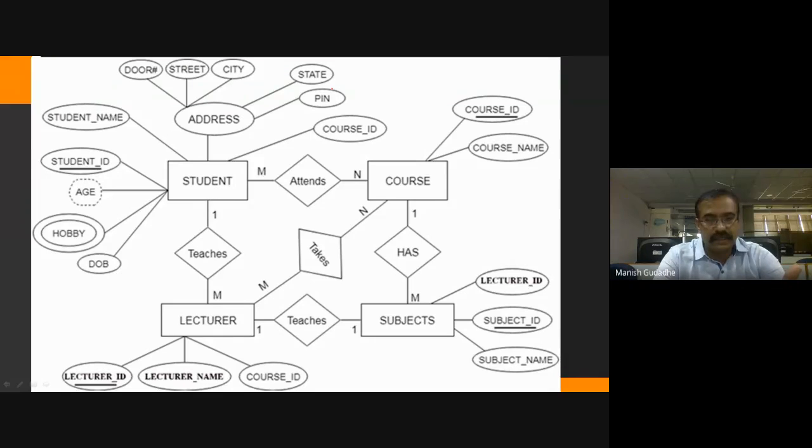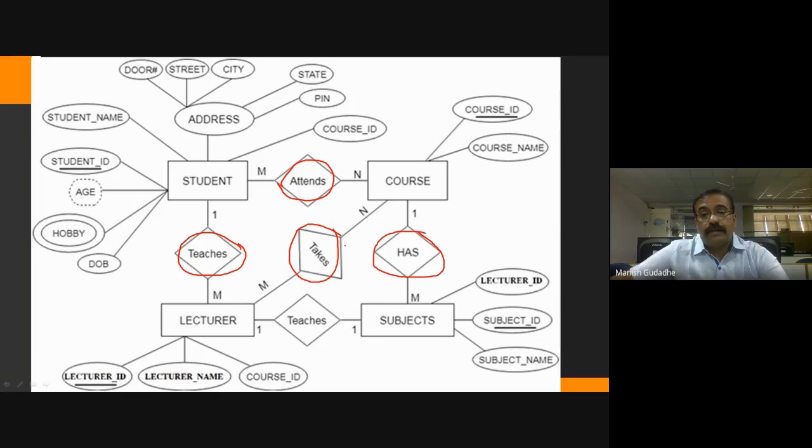It has entities, it has attributes, it has relationships. And one thing I forgot to tell, these relationships also have attributes.